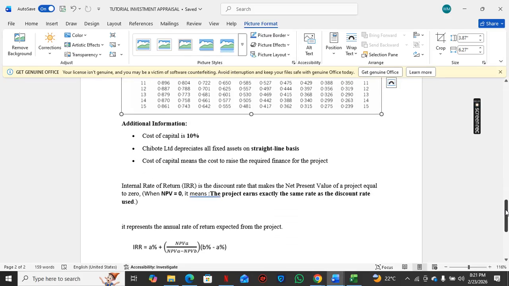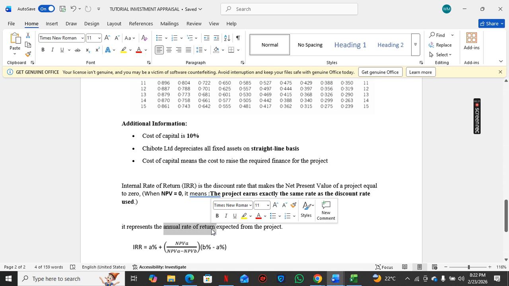It's another technique of investment appraisal. What this internal rate of return is basically telling us is the annual rate of return for our project. The other definition is that it's the rate that makes the net present value 0.